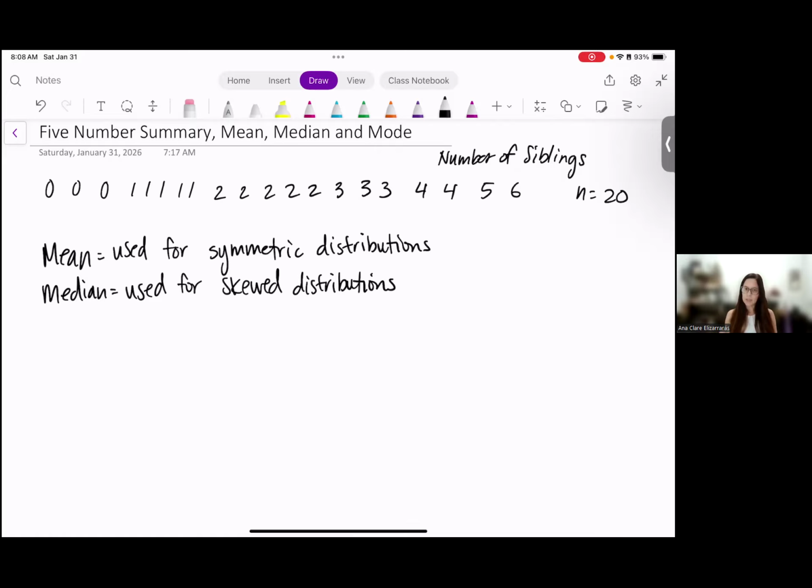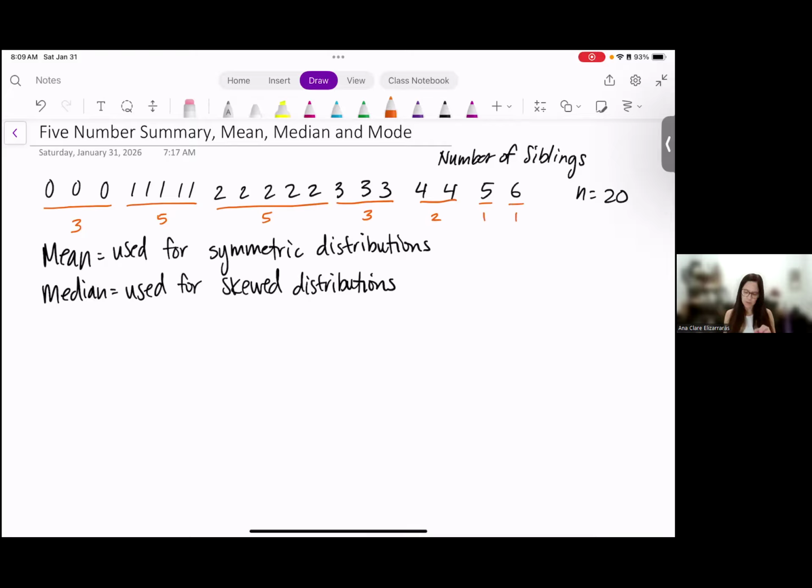We know that there's 20 data points here, but if you notice, the number 0 appears 3 times, the number 1 appears 5 times, the number 2 appears 5 times, the number 3 appears 3 times, the number 4 appears 2 times, 5 appears once, and 6 appears once. So when you're calculating the mode, it is the number that is most frequent.